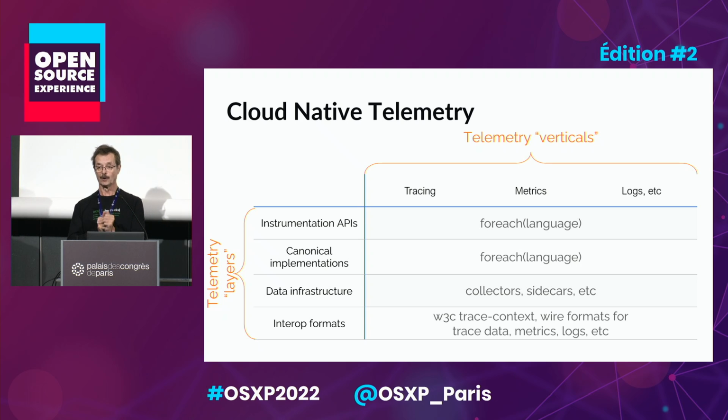No one in their right mind should write their own agent from scratch. And then we wanted to make it standards-based, so W3C trace context, a standardized wire format for actually doing the telemetry work. All these pieces were part of what's in OpenTelemetry, and that gave us an easy way to basically say, okay, OTel, OpenTelemetry, was the right answer.